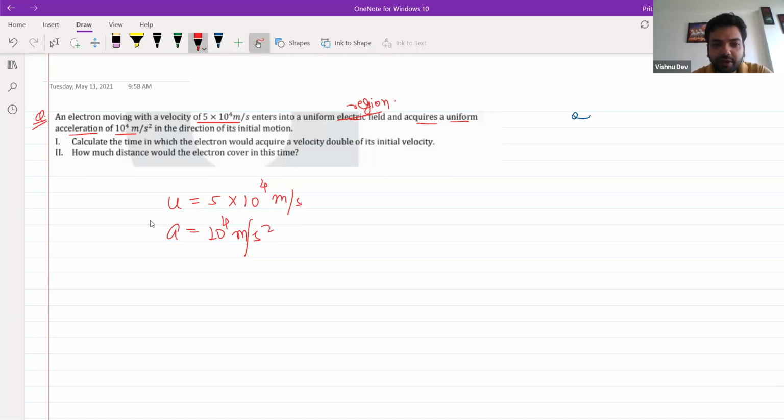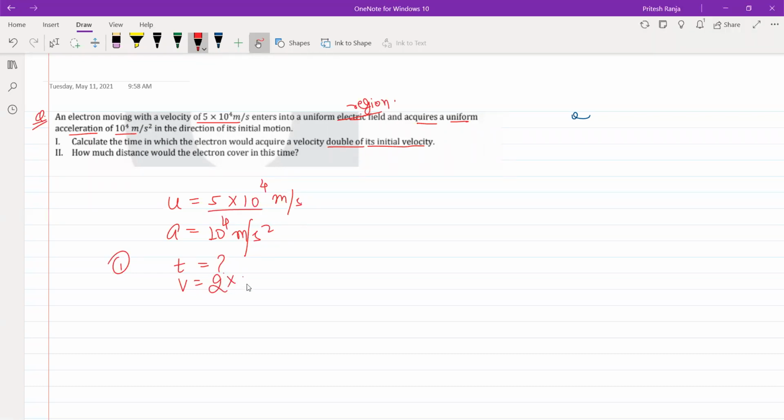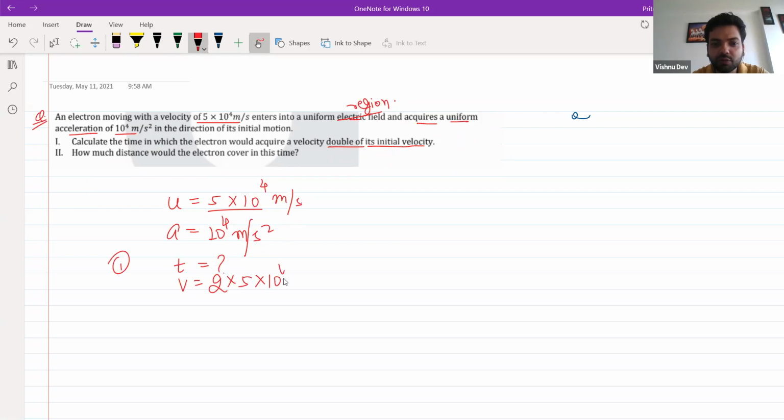You have to calculate the time in which the electron would acquire a velocity double of its initial velocity. That means the final velocity, how much is it? 2 times the initial velocity, right? So 2 into 5 into 10 to power 4. So that will be 10 into 10 to power 4.